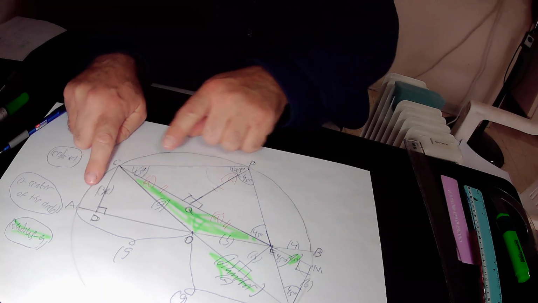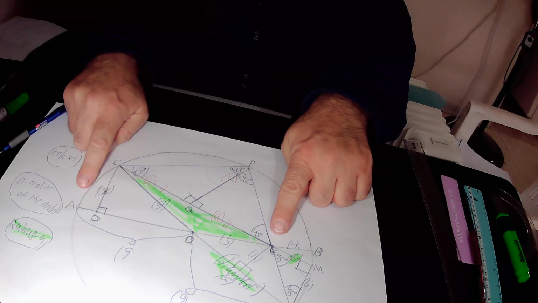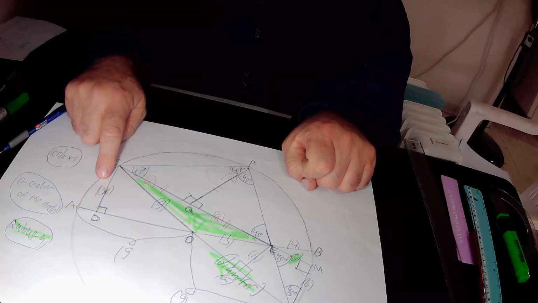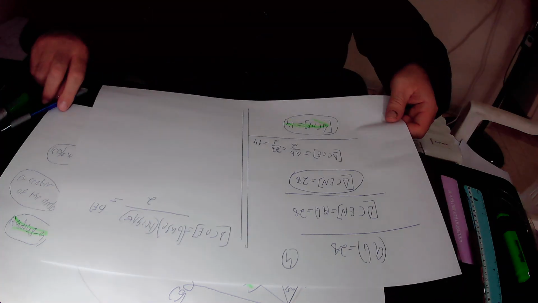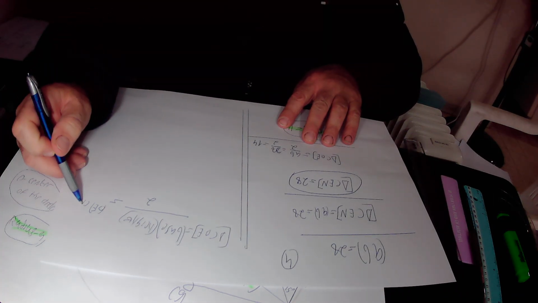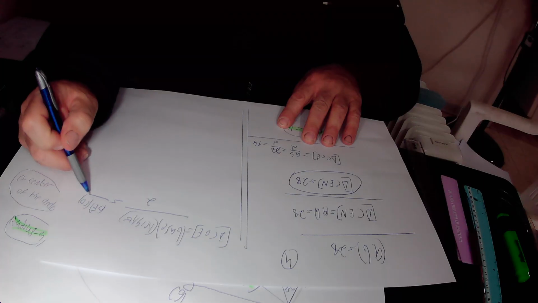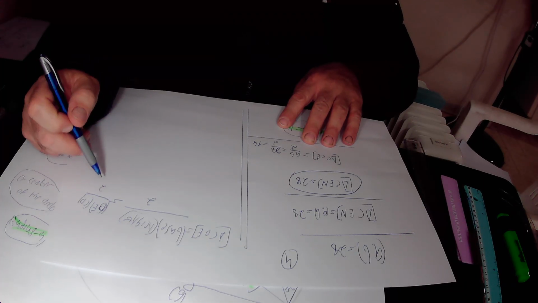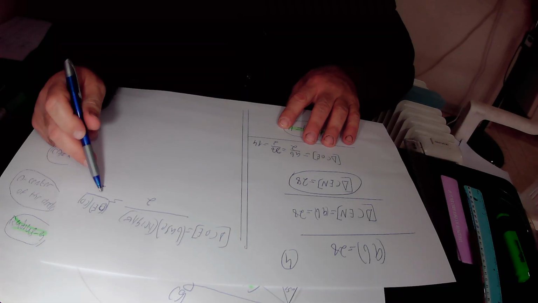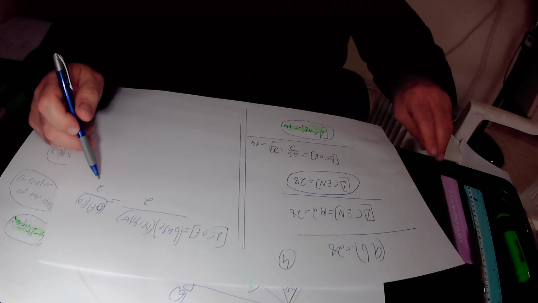CD is parallel to EA. Therefore, CD is the height to the extended base. So in total, the area of the green triangle COE equals the base OE times the height CD over 2.